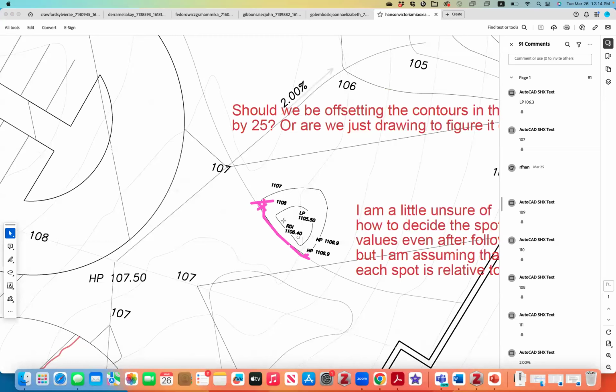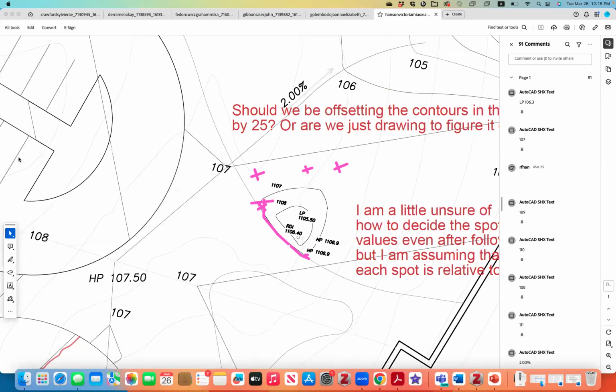And now our RDI just needs to be like 6.9, 0.5 below the lowest point where water flows in. So 6.9 would be good. And here would be 5.9 for the LP. And yeah, you have a 6 contour and the 7 contour, and then the LP and HP go in this area.